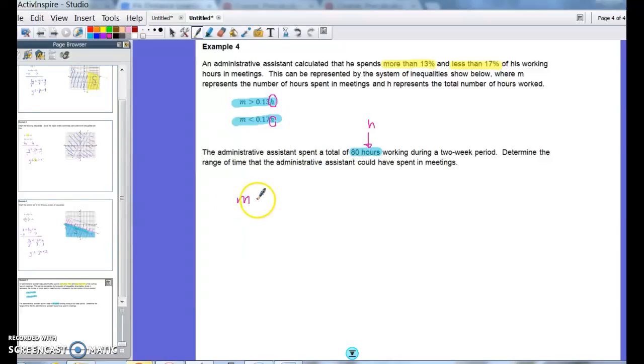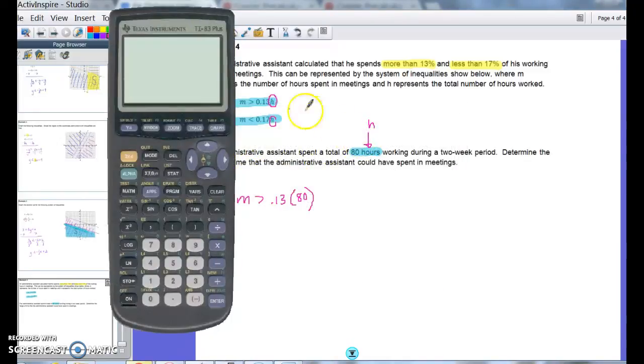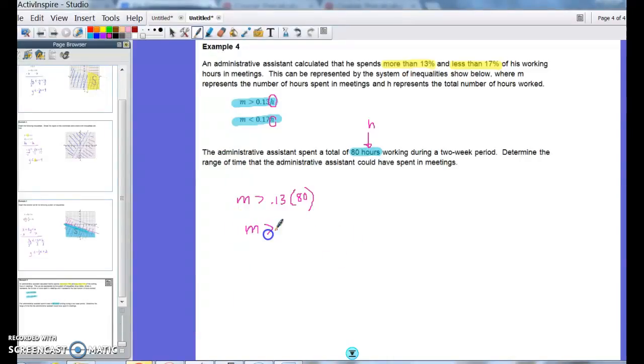So I have M is greater than 0.13 times 80. And when I do that, that would give me 0.13 times 80. That gives me 10.4 hours, right? So M has to be greater than 10.4 hours.